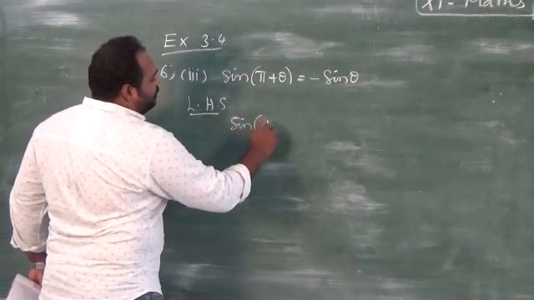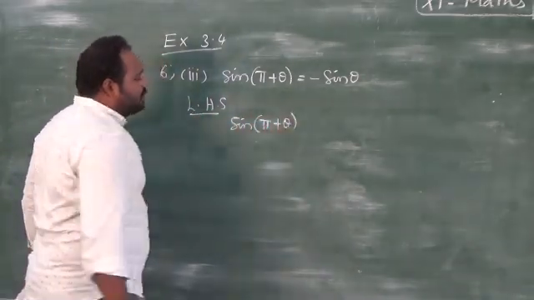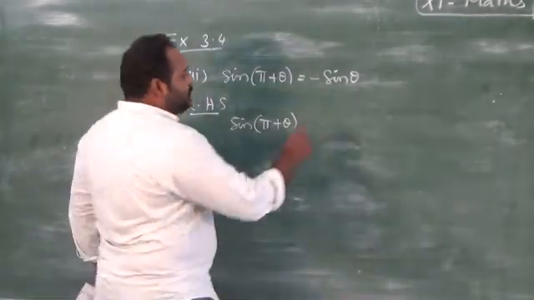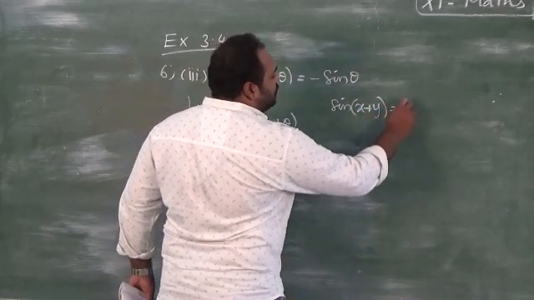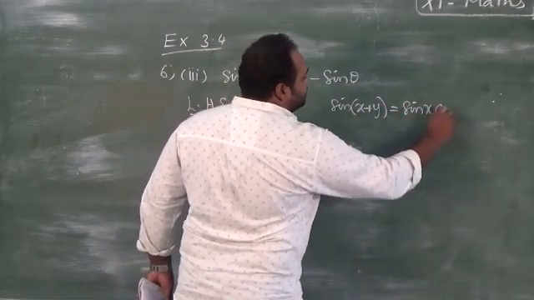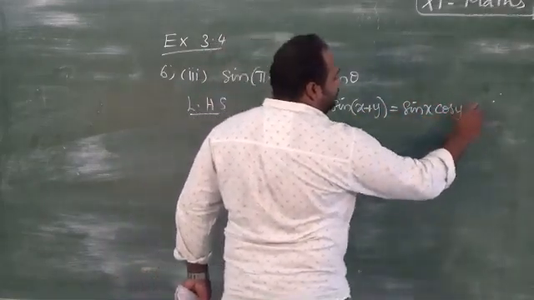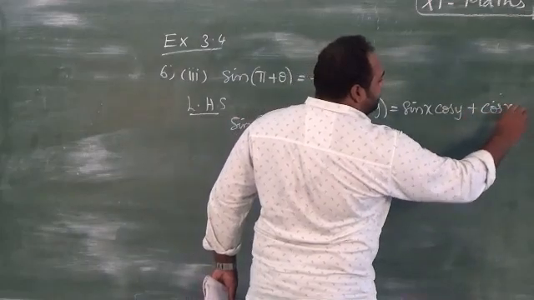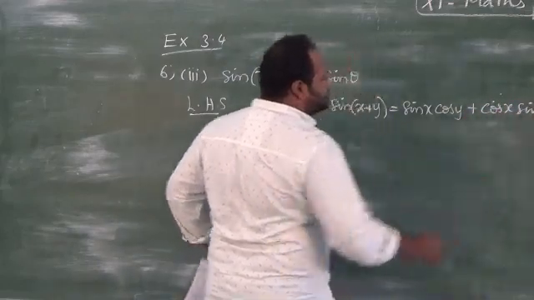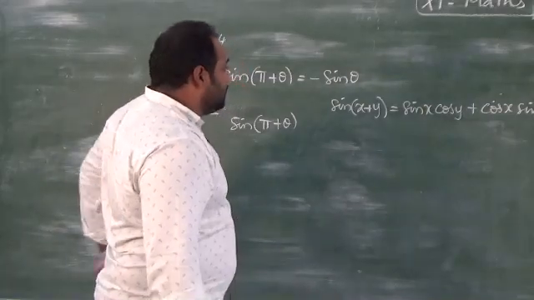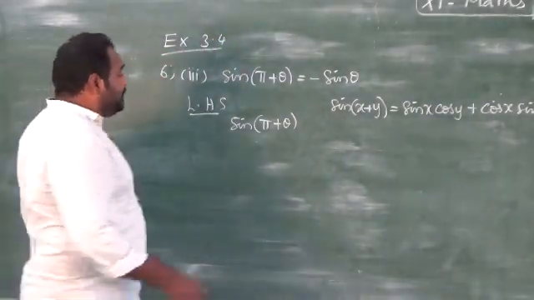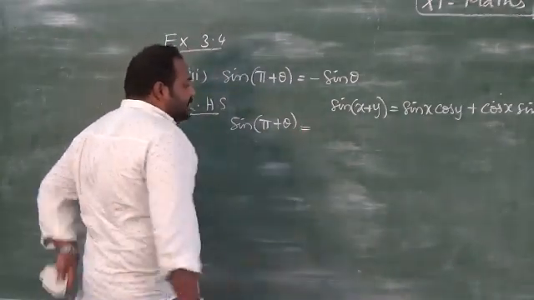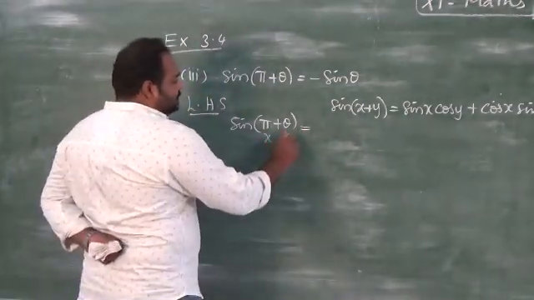Sin of pi plus theta. Here we have to remember the sin x plus y formula. What is the sin x plus y formula? Sin x cos y plus cos x sin y. So this is the sin x plus y formula. So using this formula we can expand the LHS side. This is x, this is y.